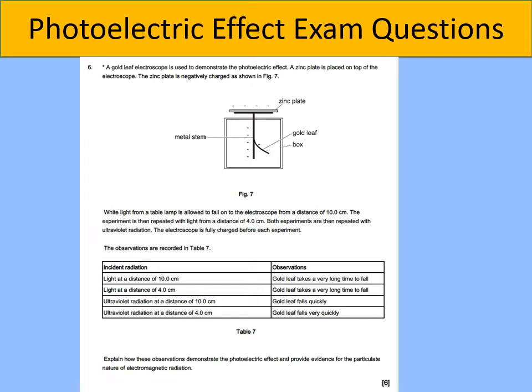Suddenly we bring in ultraviolet radiation at a distance of 10 centimeters, so pretty far, and the gold leaf falls quickly. Then we bring the ultraviolet radiation at a distance of just 4 centimeters, so increasing the intensity, and the gold leaf falls very quickly. Okay, so explain how these observations demonstrate the photoelectric effect and provide evidence for the particulate nature of electromagnetic radiation.